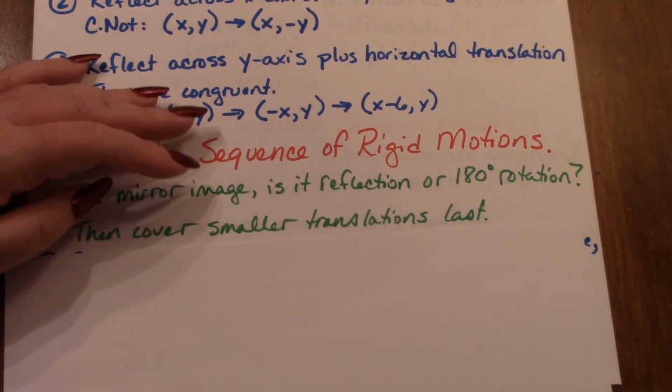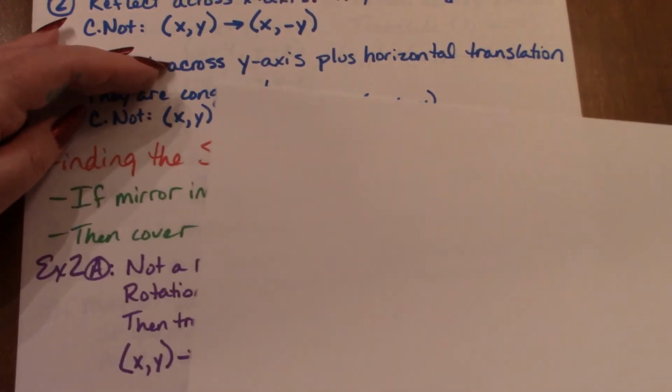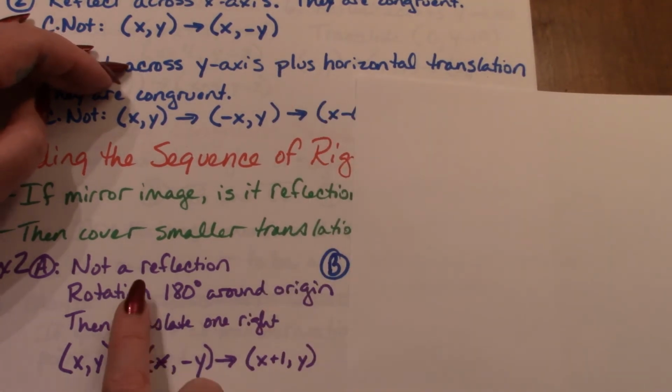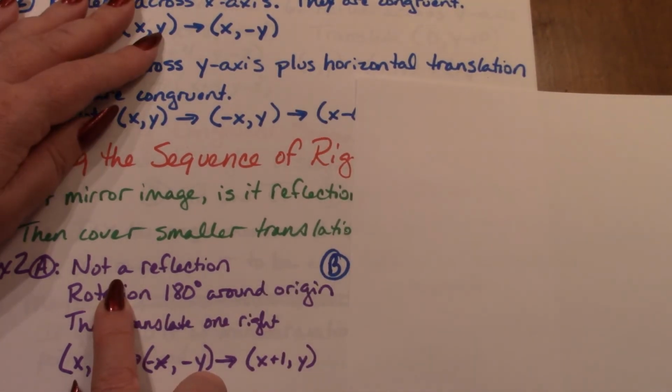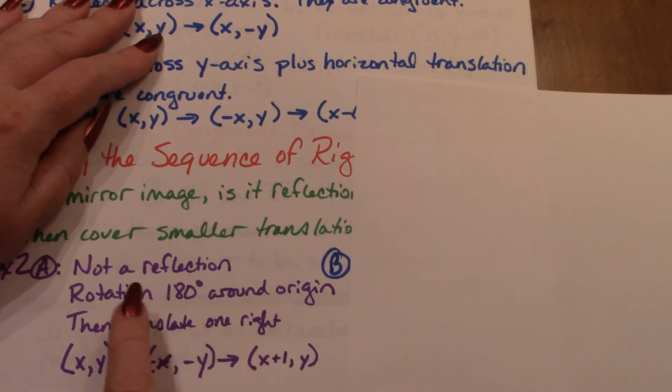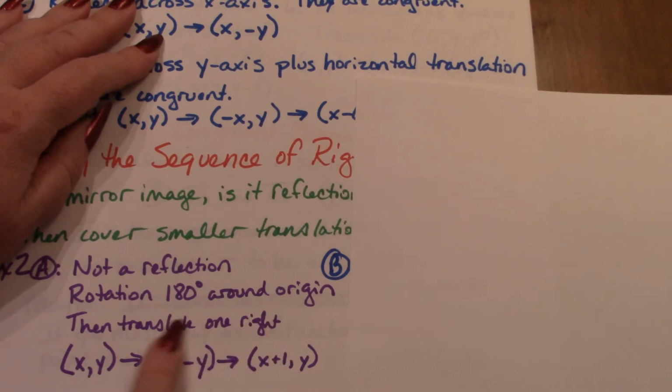So for example 2a, it's not a reflection, which means it's a rotation, and it's 180 degrees around the origin, but they're not exactly the same distance apart from that origin.